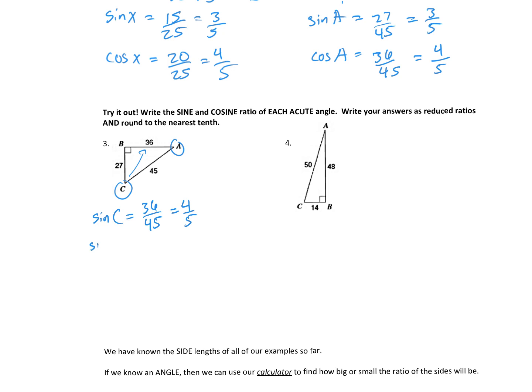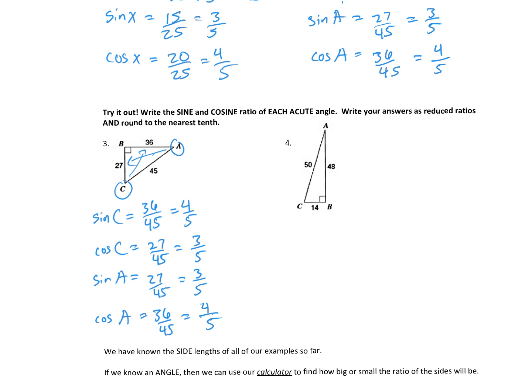Cosine of C, then, is 27 over 45. That reduces to 3/5 if I use my ABC button or divide by 9. And then my sine of A, which is opposite, 27 over 45, which is 3/5. Cosine of A is then 36 over 45, reduces to 4/5.